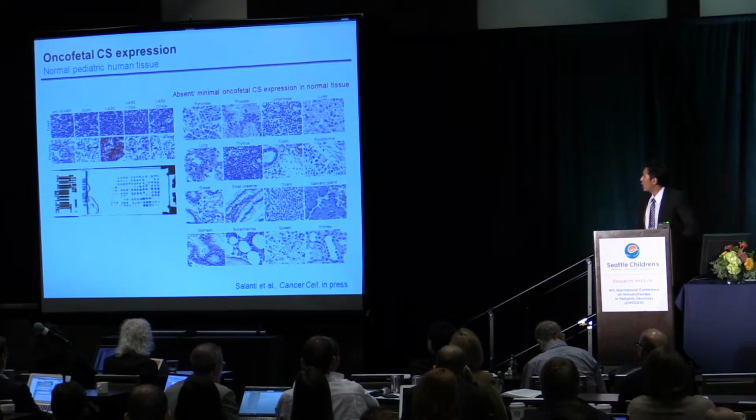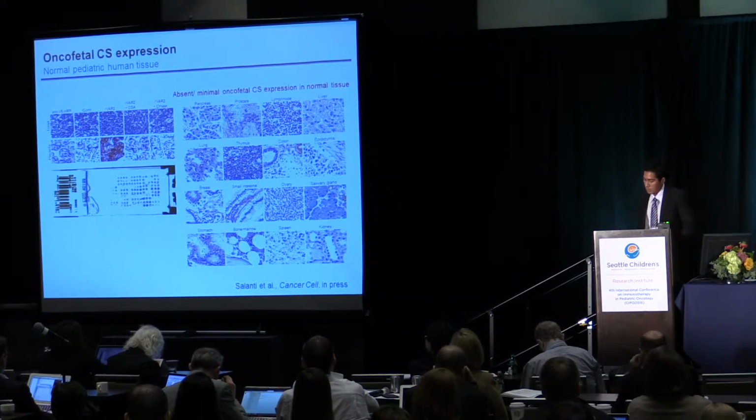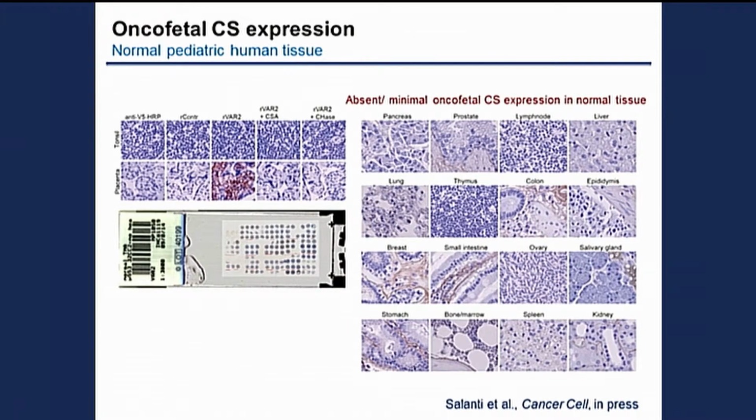Now we know that it can bind to the cancer cell, so we screened the normal counterparts in pediatric normal tissue, and we have seen very few or absent binding in the normal tissue.